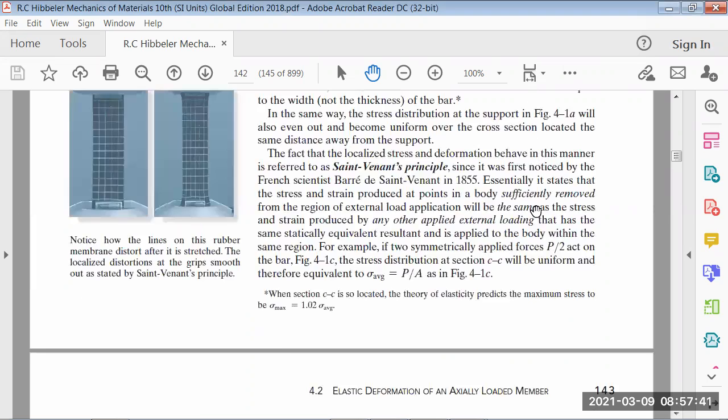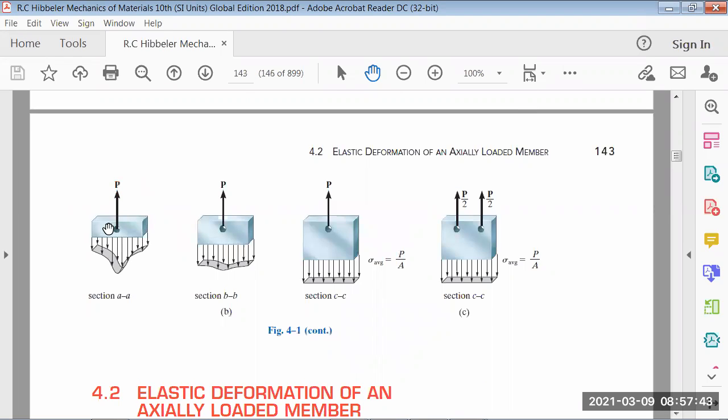Look at this section, taken close to where the load is applied. Look at this section a bit farther from the point where the load is applied, and this one is farther still from the location of the load application.